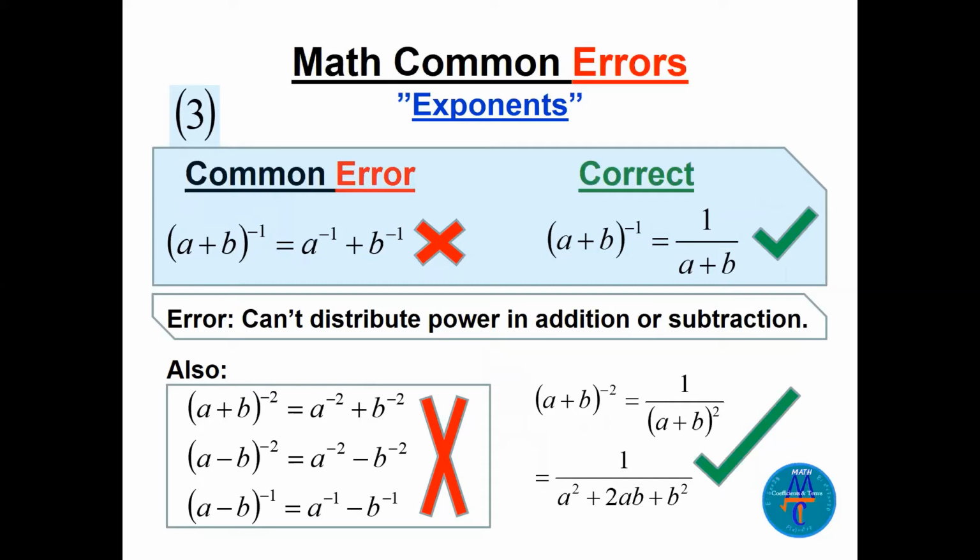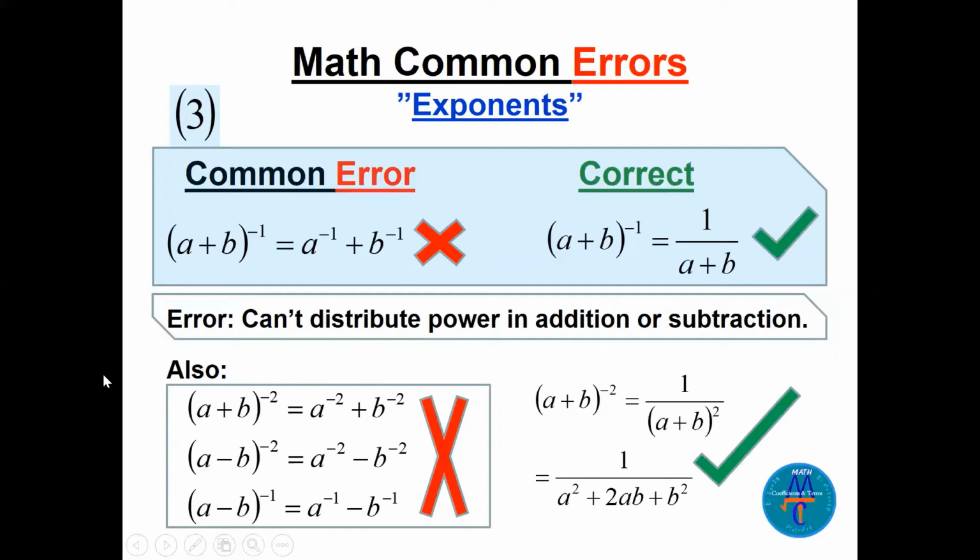So what is the correct method? A plus B to the power minus 1 is 1 over A plus B. That's the correct one. So you have to add the numbers in the denominator. You cannot write 1 over A plus 1 over B. You'll see many examples now.